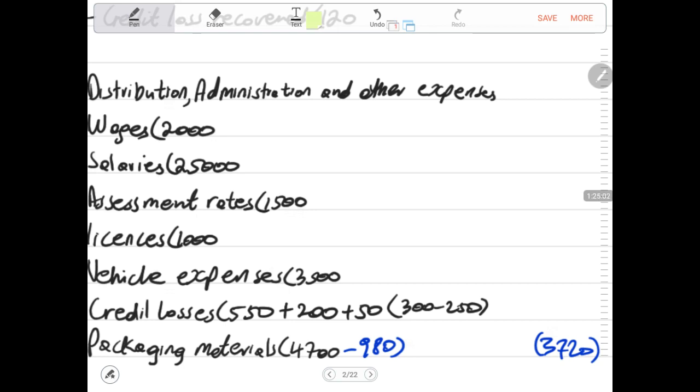Then we'd only record the increased portion of 50 rand. But in this case, our credit losses estimate decreased by 50 rand. Therefore, we also decrease our credit losses by the decrease in the estimate.